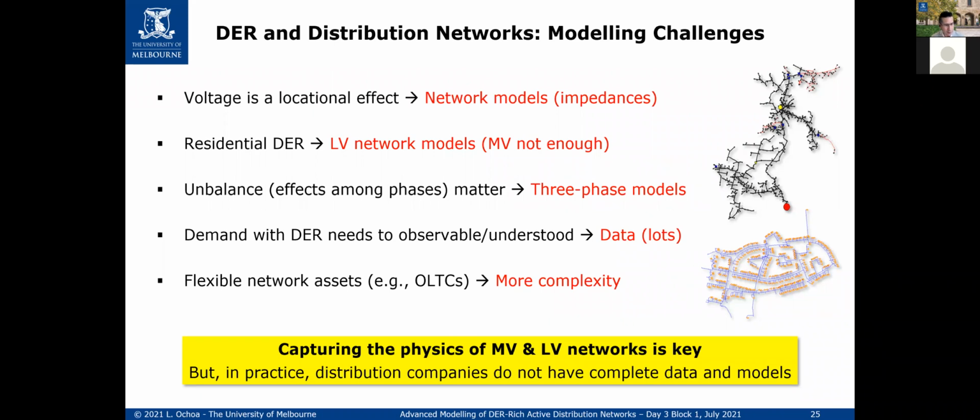Demand and DR need to be observable and understood, and that requires a lot of data, and that's not easy at all. Of course, the network also has a lot of flexible assets that are controlling things, like the OLTCs, capacitor banks, and voltage regulators, doing their little controls. That needs to be captured as well, and that adds to complexity. So we need to capture the physics of the medium voltage and low voltage network. This is very, very important.